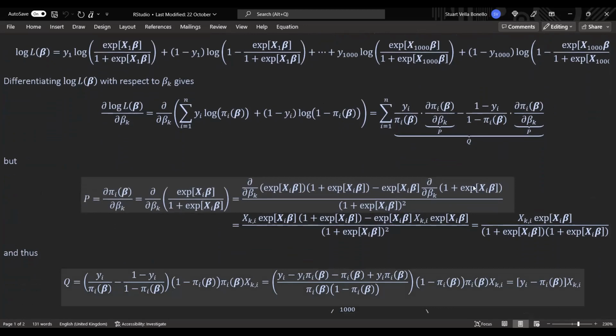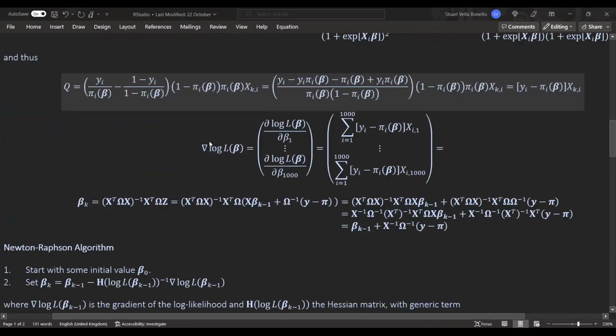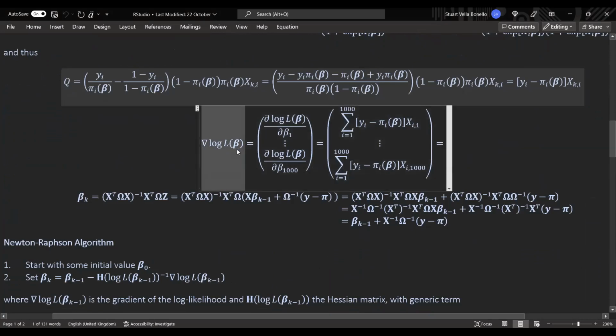Where there is differentiating log L of beta. Yes, there would be. I forgot what it's called. Nabla. No. You have the numerator in the partial by partial. Yes, all right, partial. Yes, but you're doing that, I think, aren't you, elsewhere? Yes, in the beginning.